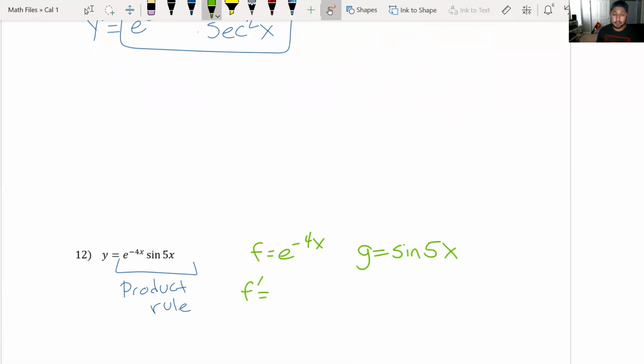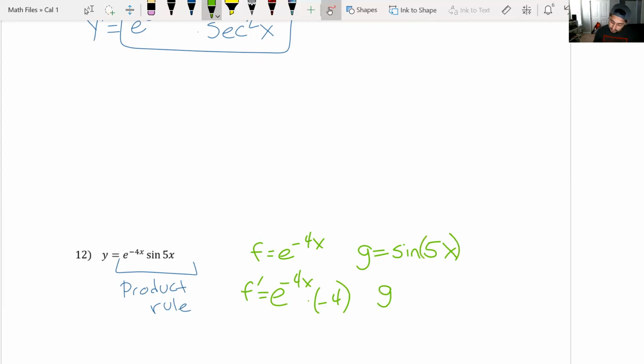f prime, chain rule derivative of e to the negative 4x: you get e to the negative 4x times the derivative of the exponent, which is negative 4. Chain rule on the right side.